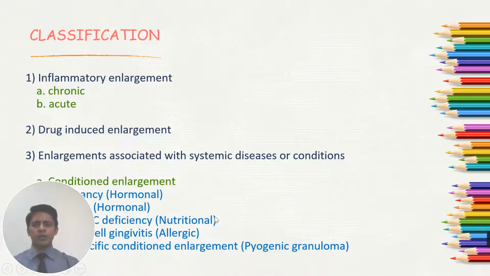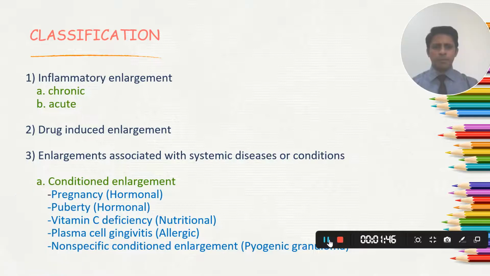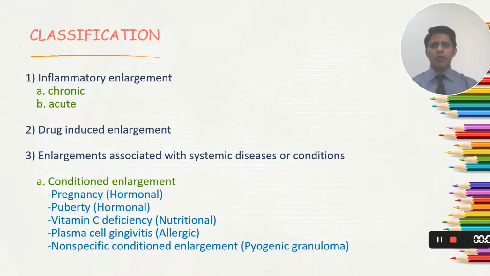Coming to the classification of gingival enlargement. Gingival enlargement is classified as inflammatory enlargement, which may be chronic or acute, and drug-induced gingival enlargement. Third is the enlargement associated with systemic diseases or conditions.